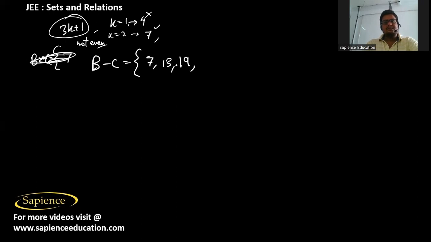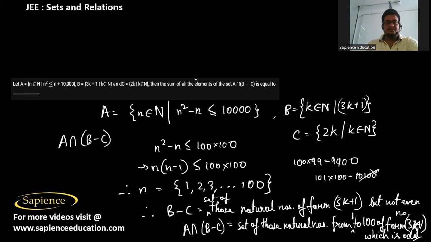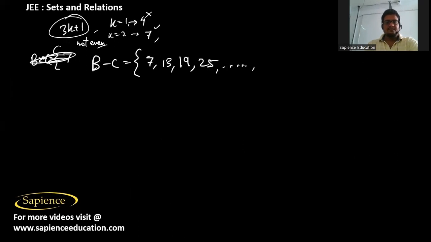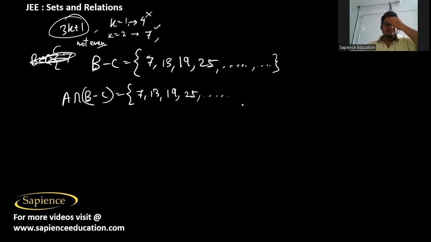Then 3 7s are 21, we cannot take. 3 8s are 24 plus 1, 25, we can take, and so on till 100. So A intersection B minus C will be the set 7, 13, 19, 25 and so on, from 1 to 100.